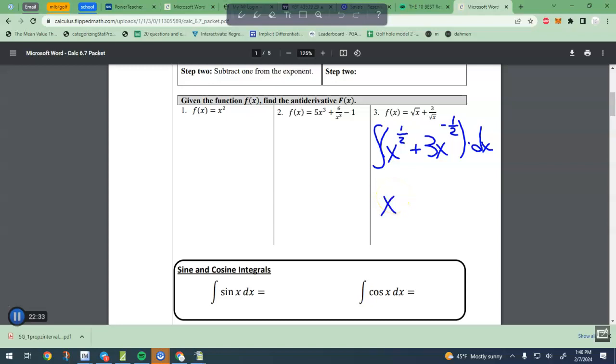So 1/2 plus 1 is 3 halves, right? It's like 1/2 plus 2 halves. And this is where I don't like divide by the new power, because then you're not even a fraction on the bottom. So I think multiply by the reciprocal is a better general phrase. Just repeat to yourself. Add 1 here, and that'll be a half. Multiply by the reciprocal of the new power. So the reciprocal of 1/2 is 2 times the 3 that was already there, and then plus c.